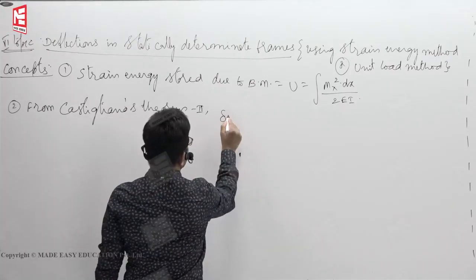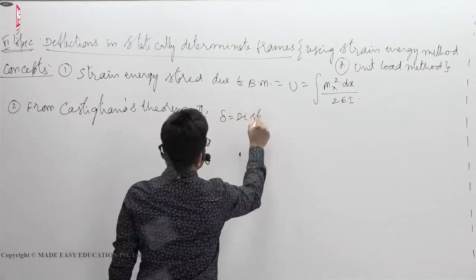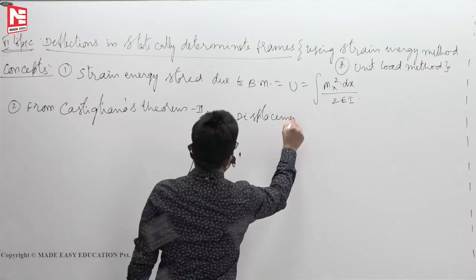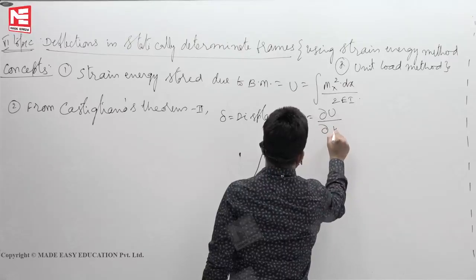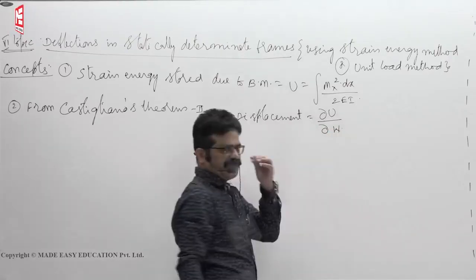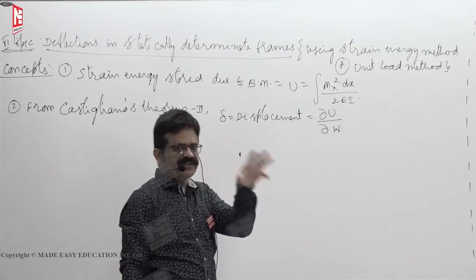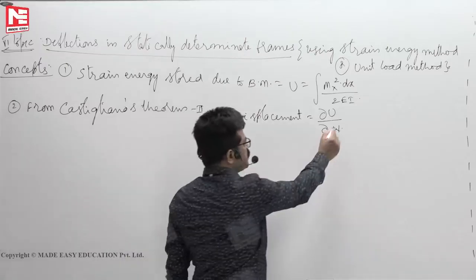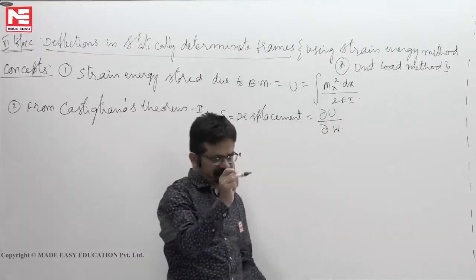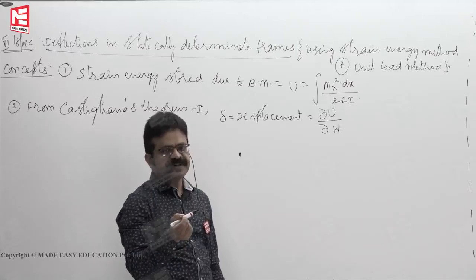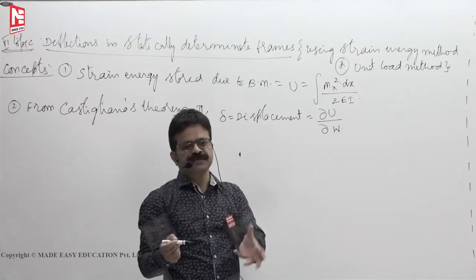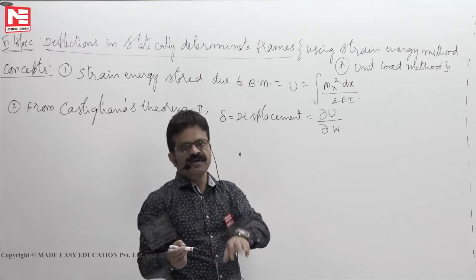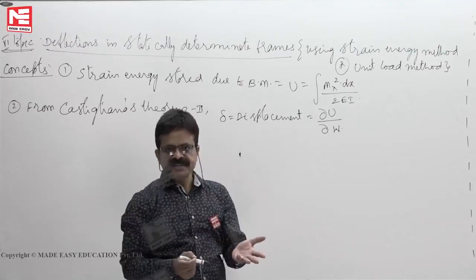Displacement delta, delta is nothing but displacement, is the first derivative of energy with respect to load at any point in the structure. So wherever you want to find a deflection, as in the strength of materials, there must be a load. If load is not there, sir might have told you, you consider one dummy load or pseudo load whose magnitude is 0.